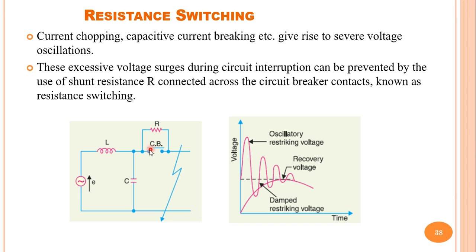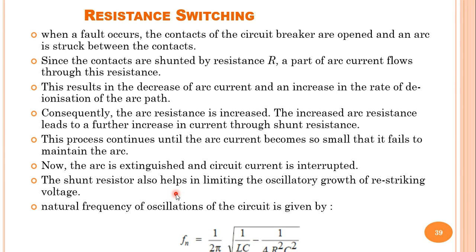When the current through the arc reduces, the arc resistance increases and more current flows through the resistance R. Then again the current through the circuit breaker decreases, the arc resistance increases and the current through the resistance R increases. In this way, the current through the circuit breaker decreases up to zero value, where the arc is extinguished.